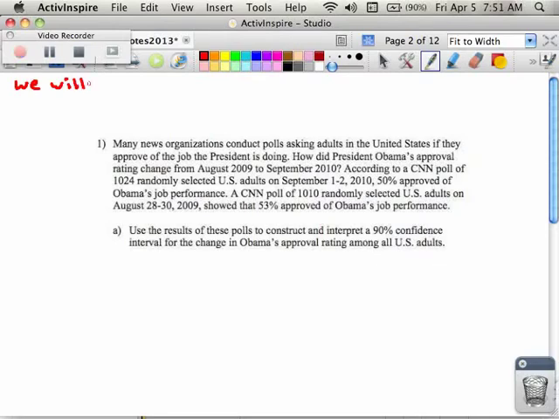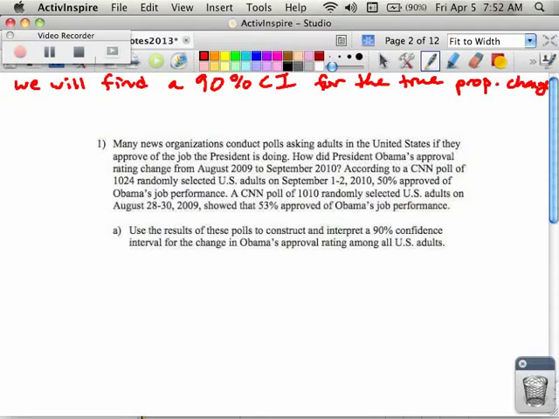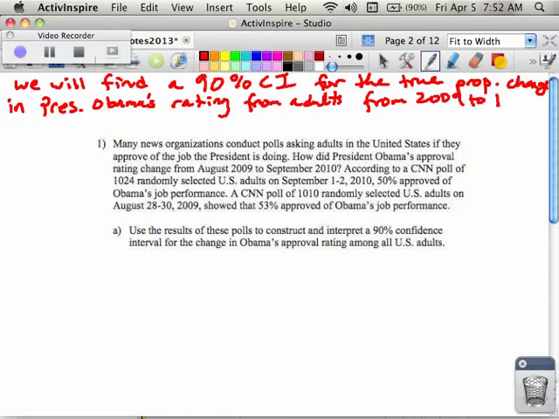We will find a 90% confidence interval for the true proportion change in President Obama's rating from adults from 2009 to 2010. Whoops.